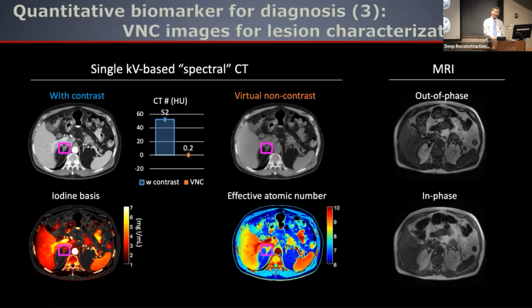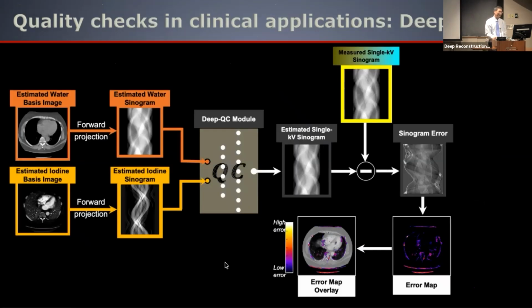But if we have this patient with the technique available and generate the iodine basis image, and then compare with the virtual non-contrast CT image, it really tells us the CT number is just around 0. If it's around 0, they are so confident it's just a benign case. You don't have to go through the MR, but again, it's not that MR is not good. It's just the clinical workflow. You facilitate clinical workflow. That is a key point I'm making.